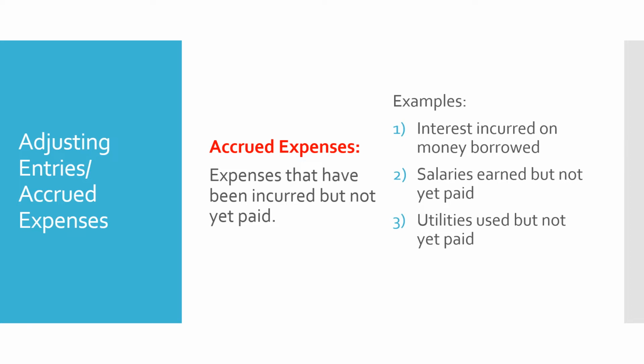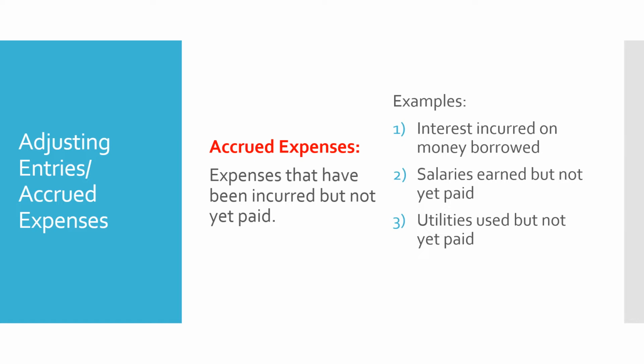We're not going to pay them because it's Tuesday, not Friday, but we need to record that they have earned 2 more days' worth of salaries. So we have incurred that expense, but we haven't paid it. But we want salaries expense to reflect the expense all the way up through the end of the accounting period, not just through the last payday, so we need to make an adjusting entry.